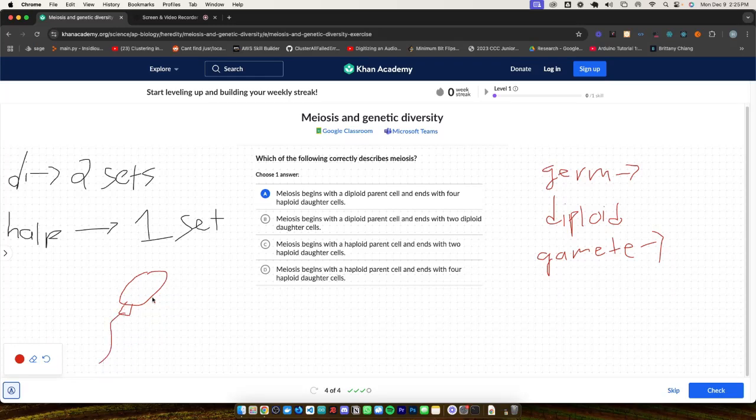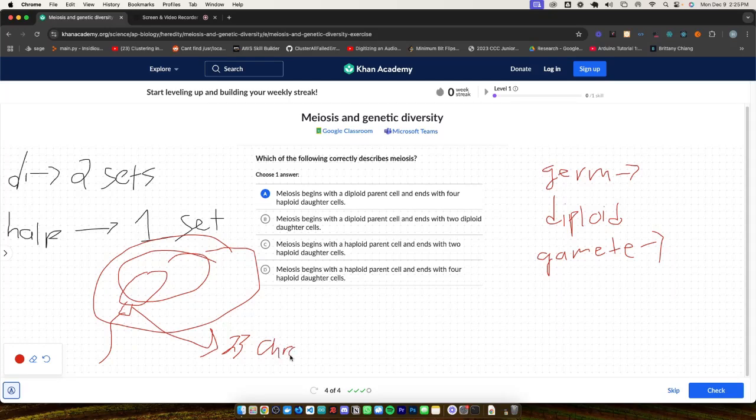So if that sperm cell were to ever fuse with the egg cell, this sperm cell is contributing 23 chromosomes. I'm talking about a human. So this sperm cell is contributing 23 chromosomes, and the egg cell is also contributing 23 chromosomes to make a 46 chromosome cell.